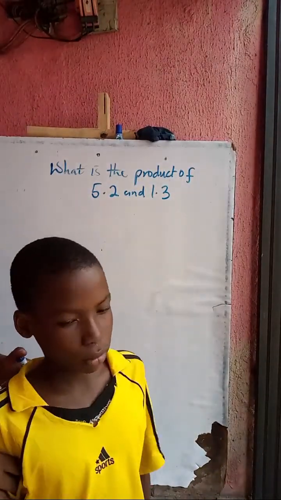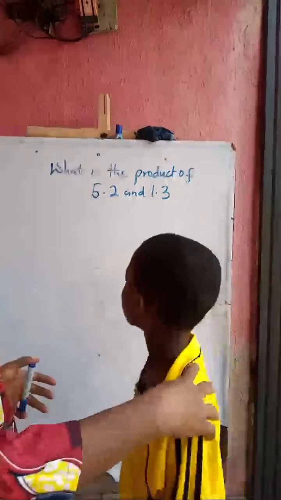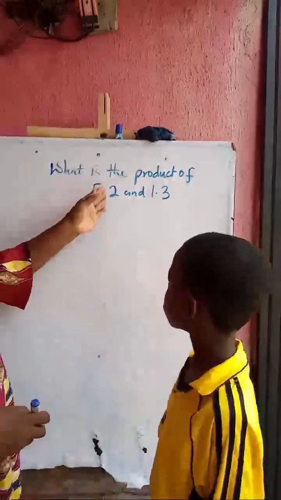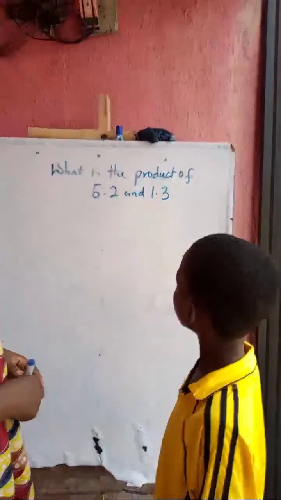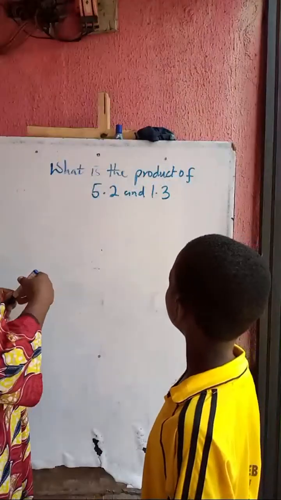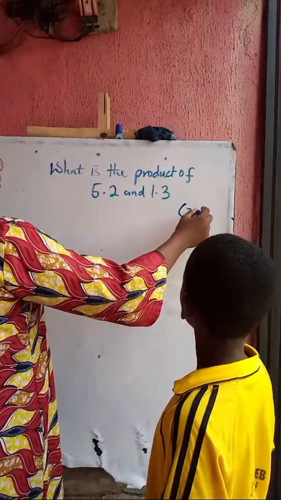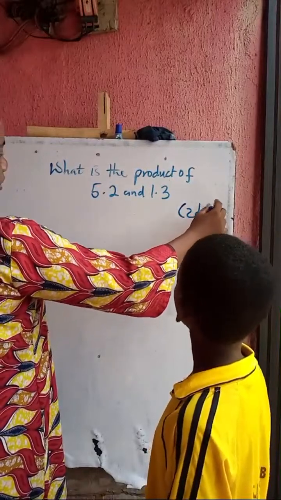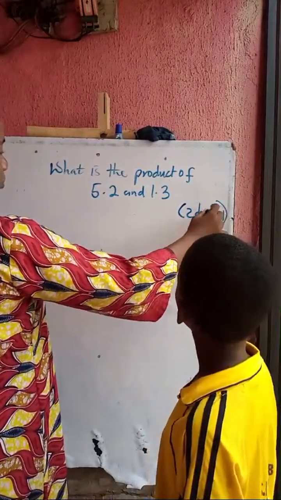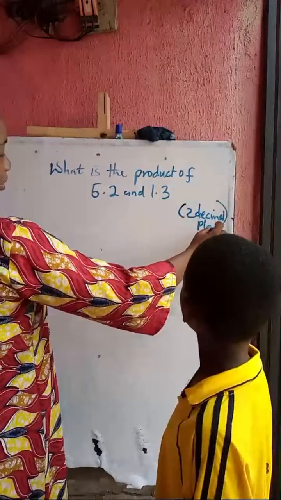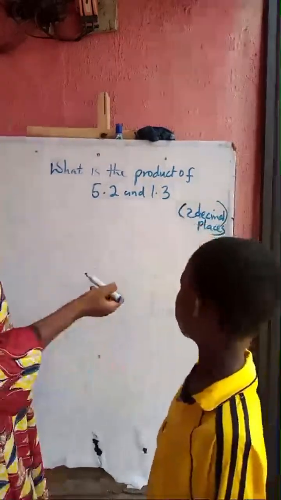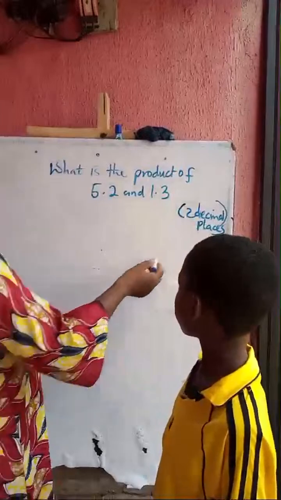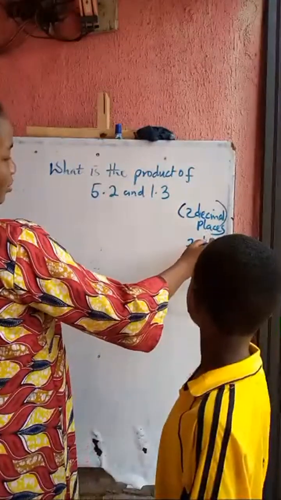So how many decimal places do we have in this number? 2 decimal places. Beautiful. So write it out: 2 decimal places, or short form 2DP.